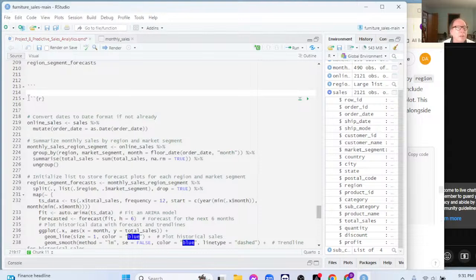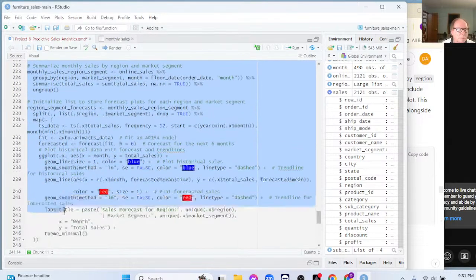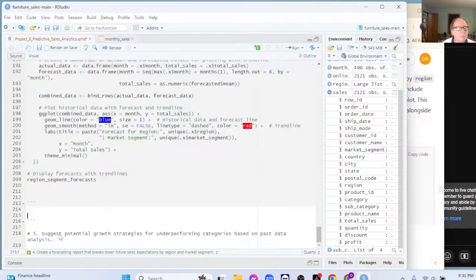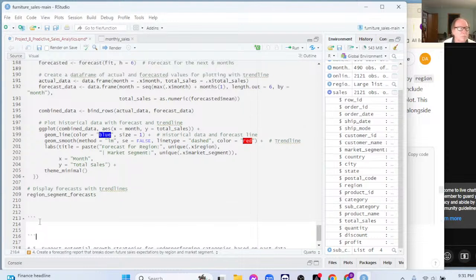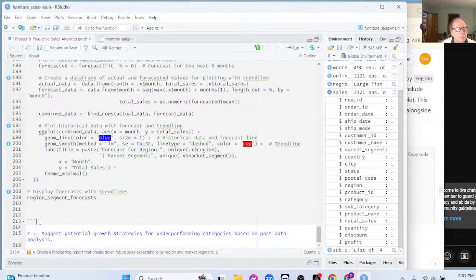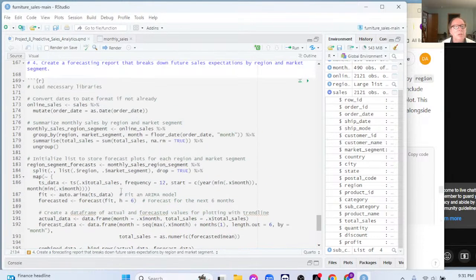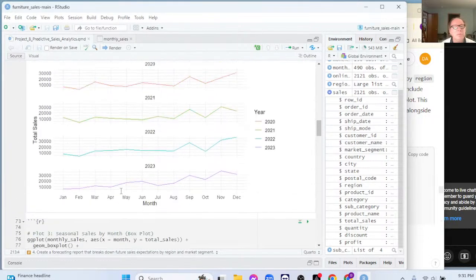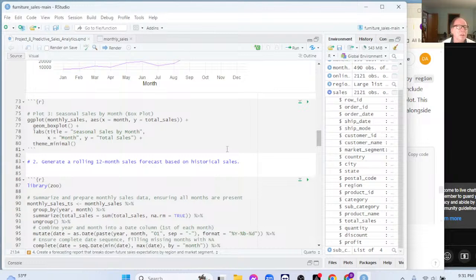Okay, so we'll just stick with the first one. That's good enough, right? Okay, show potential growth strategies for underperforming categories based on past data analysis. Not quite sure. Let's see if we can find something back up here too.